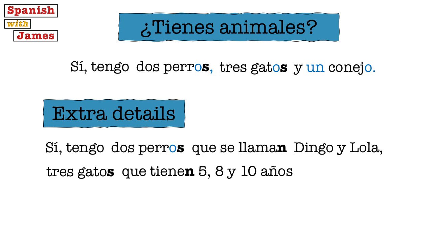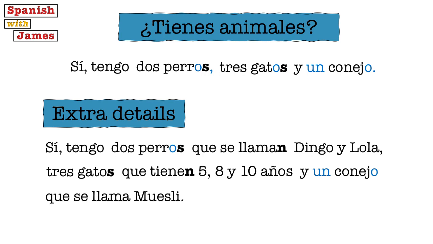So again, tiene, he, she or it has, but tienen, they have. So 3 cats who have 5, 8 and 10 years. So we say who are 5, 8 and 10 years old. Y un conejo. Again, some extra details. Y un conejo que se llama muesli. And a rabbit who is called muesli.